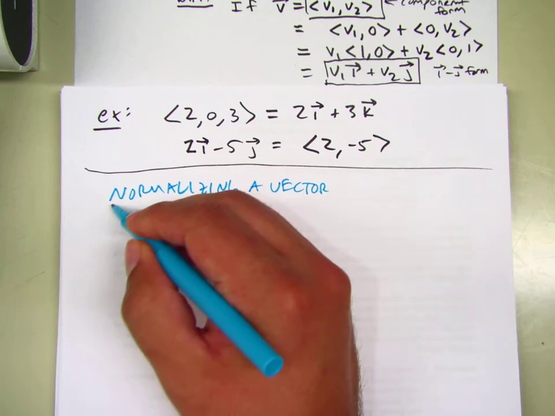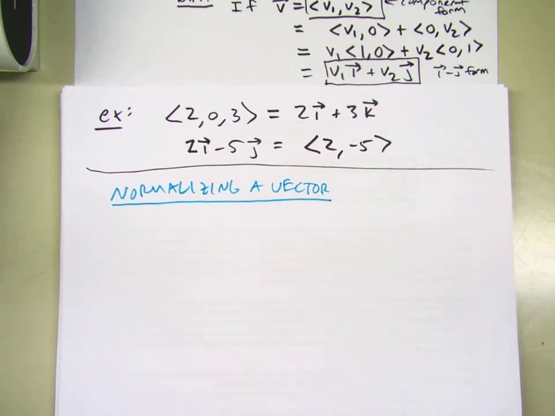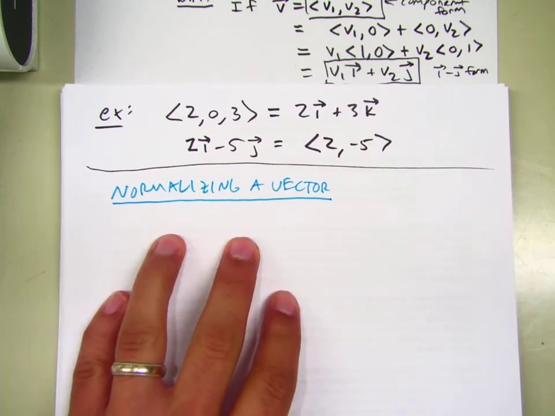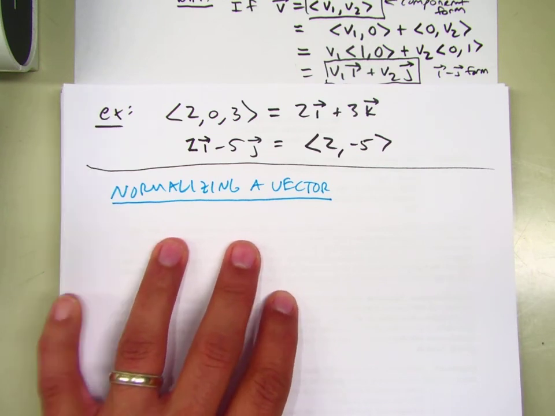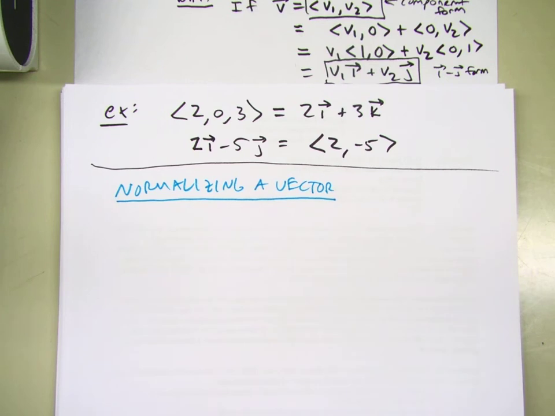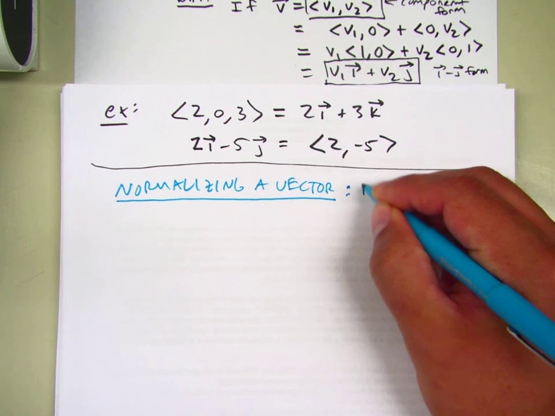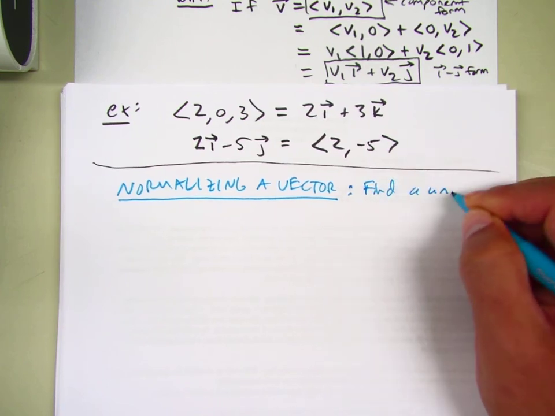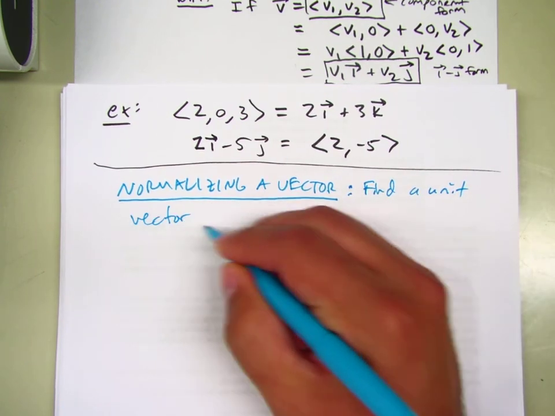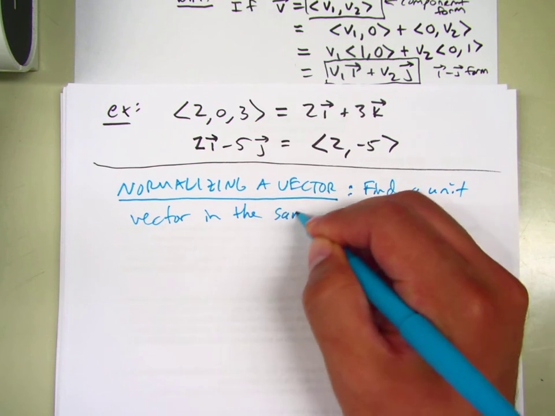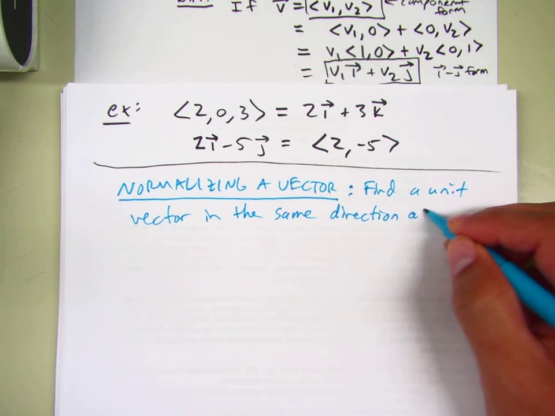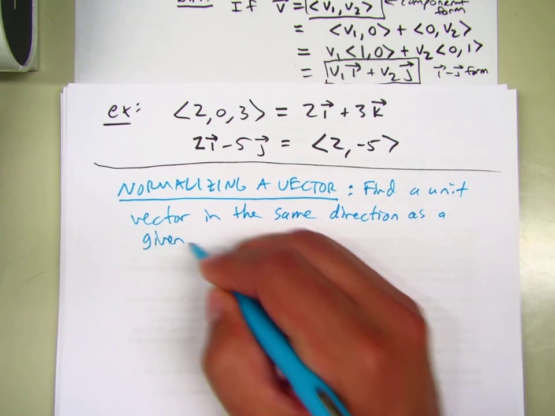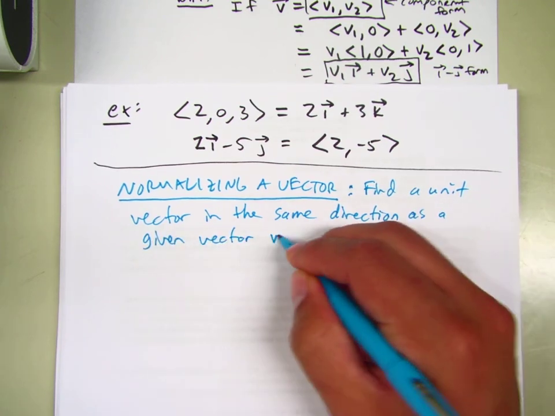As you'll see once we get going with more applications, one of the things that's very important is normalizing a vector, and that might be just part of a longer process or a longer problem where in order to get things started you first have to normalize, or maybe that's part of the answer at the end, but what it means is to find a unit vector in the same direction as a given vector. And we'll call that given vector v again.